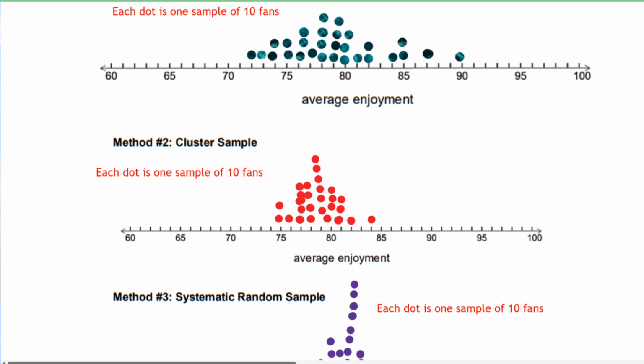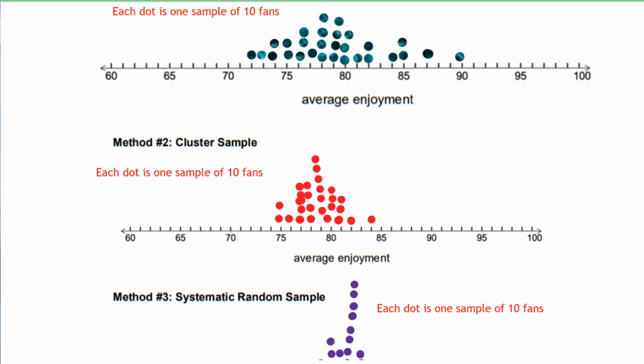We have a peak right around, what is that, 79? And the variation here is much lower. In other words, if I computed the standard deviation or the IQR from the cluster samples, that would be smaller than the IQR or the standard deviation for the SRS.